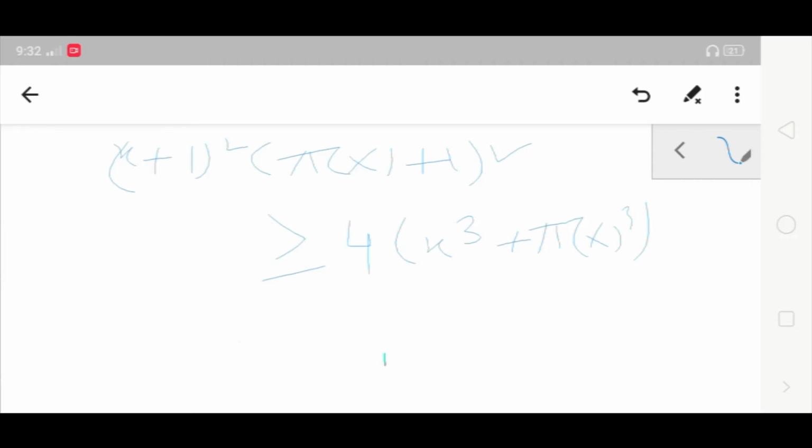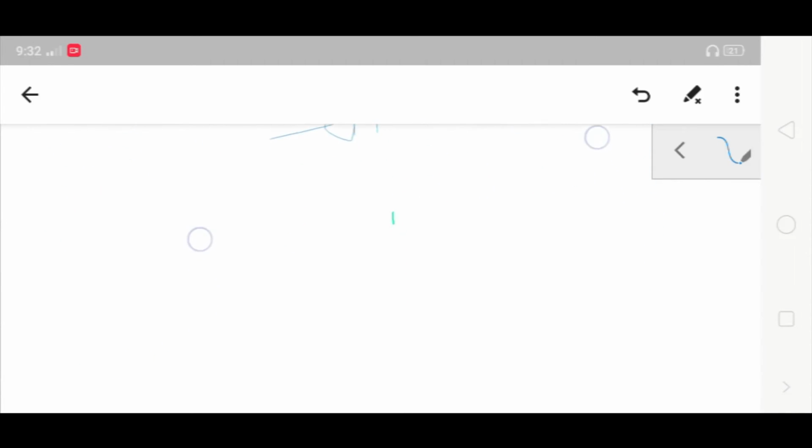So their sum also follows this. Meaning if we put the sum sign here, because x and pi x are both non-negative reals, and hence x belongs to X, and similarly here also we put the sum sign. So our concern should be in the terms where equality will occur.